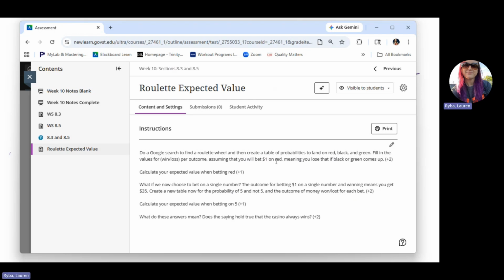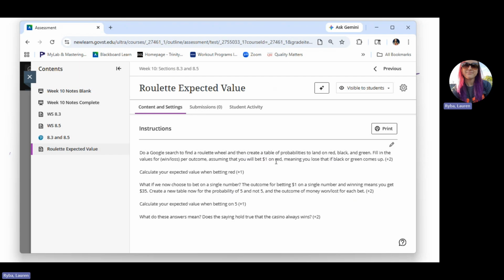You'll then change the scenario, and we're going to bet on a single number. Betting on a single number is called a 1 to 35. There's 36 numbers on the roulette wheel. So if you bet $1, you earn $35. You win $35 when you get that number, which means you're going to lose your $1 if any other number comes up.